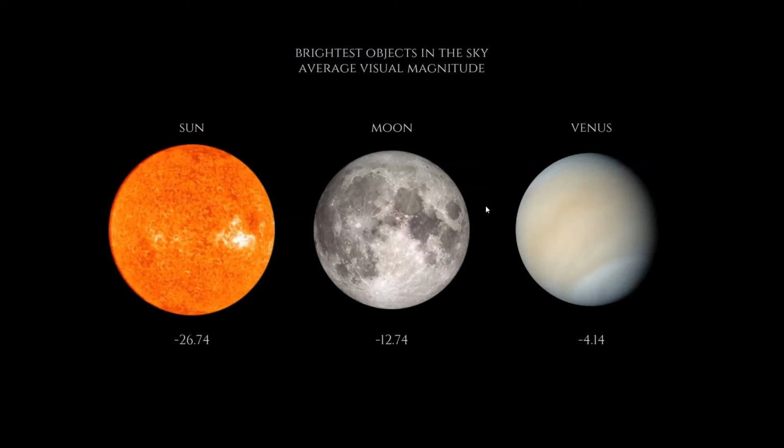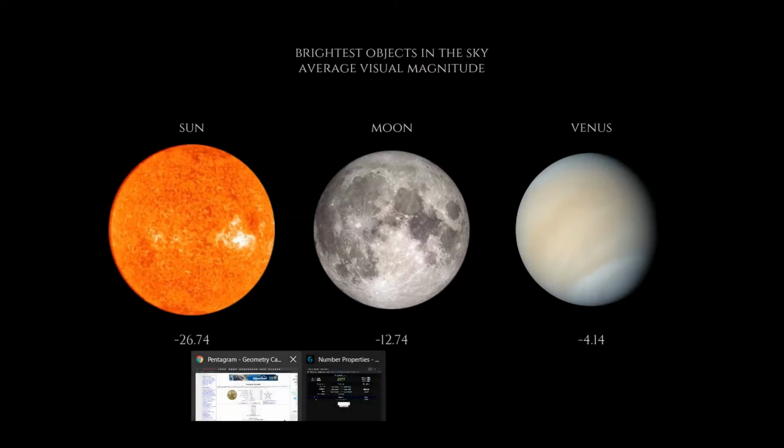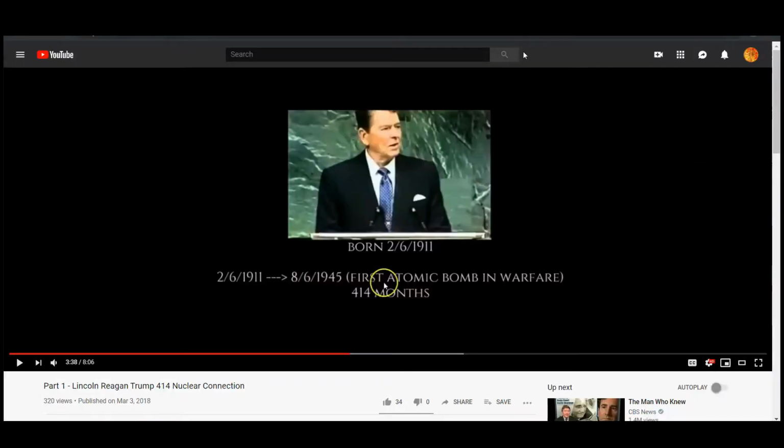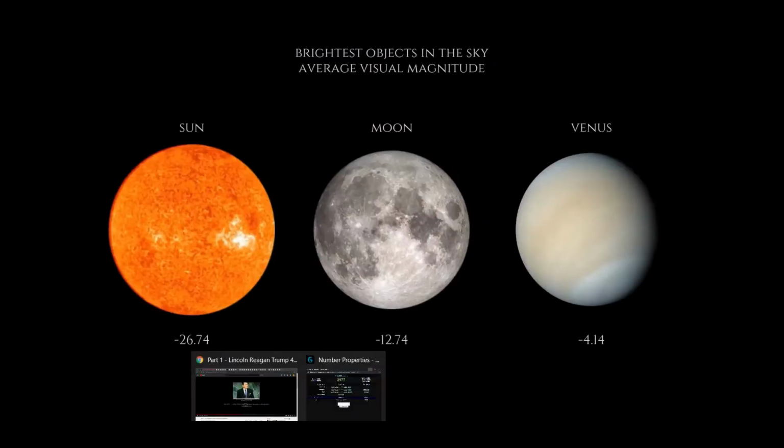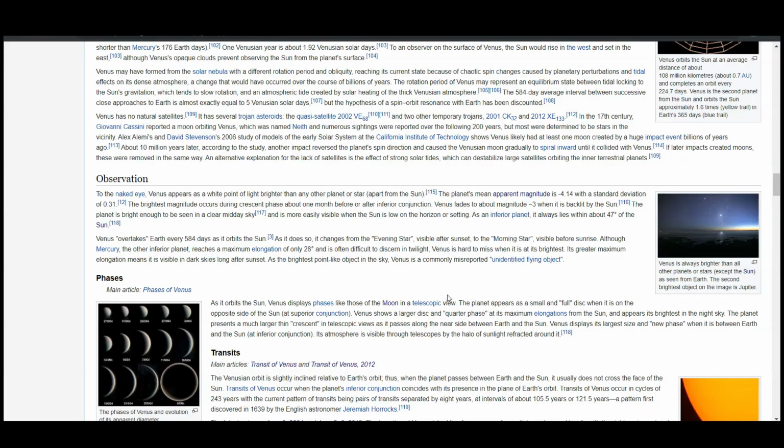We're going to look at this important number from Venus. The average visual magnitude of Venus is minus 4.14. And I've shown you this number before, the 414. In the first video that I narrated, the Lincoln-Reagan-Trump 414 nuclear connection, this was all about the 414, and it's connected to Venus, the average visual magnitude.